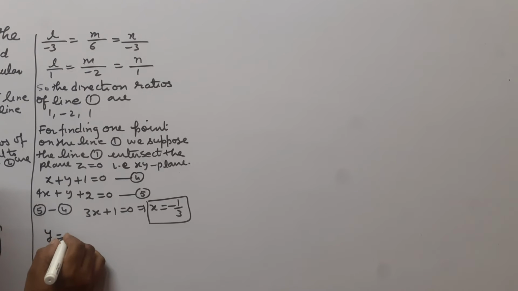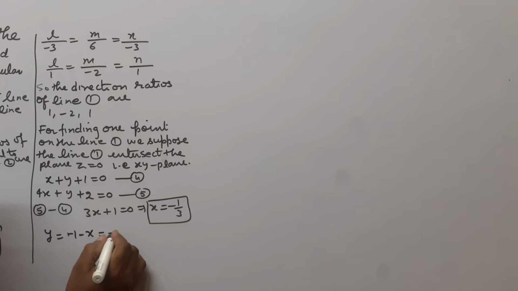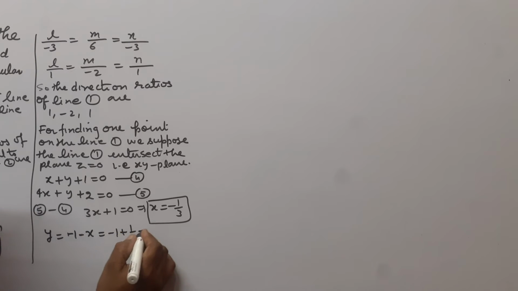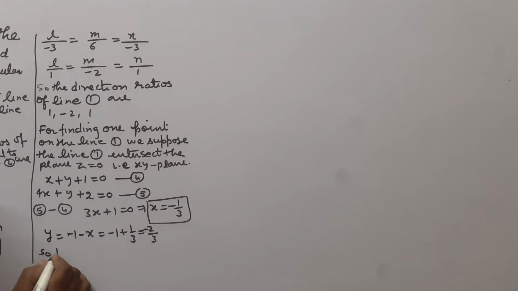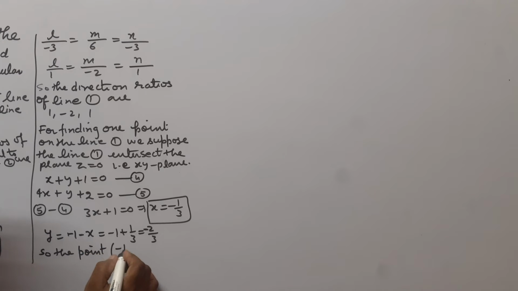So y is equal to minus 1 minus x. So we put here minus 1 plus 1 by 3, so this is minus 2 by 3. So the point is minus 1 by 3 comma minus 2 by 3 comma 0.